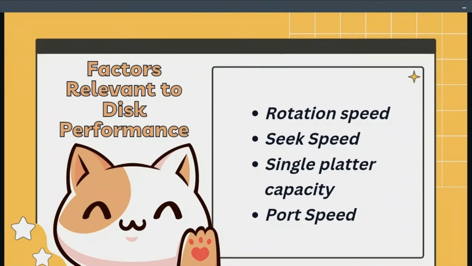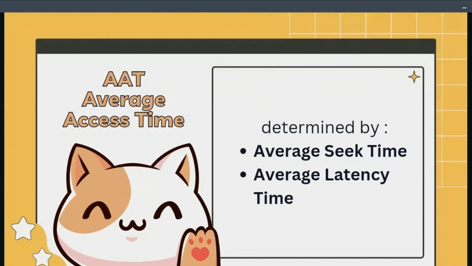So next is the factors relevant to disk performance: rotation speed, seek speed, single platter capacity, and port speed. So the next slide, AAT, average access time, is determined by average seek time and average latency time.